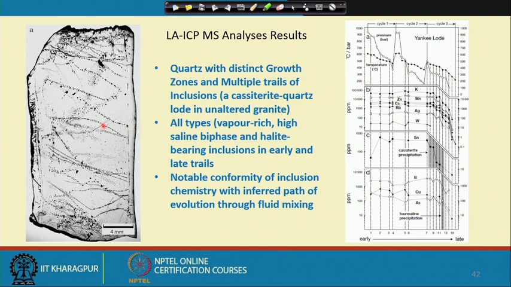And these particular inclusions of different generations were subjected to this LA-ICP-MS analysis, where you could see potassium, manganese, silver, tungsten, tin, boron, copper and arsenic.